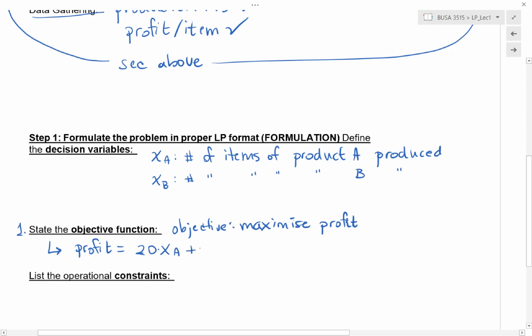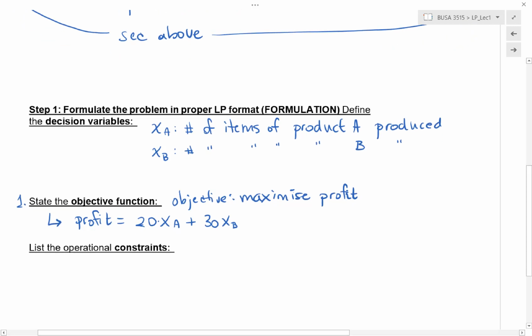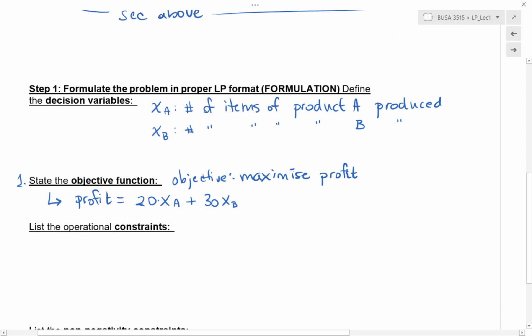And product B contributes $30 per item, so 30 times XB will be the profit generated by product B. Okay, so our objective function, here it is. It's this profit function right here. And in defining our objective function, we've actually figured out what our variables are also. It's just XA and XB, the number of items of each one produced.